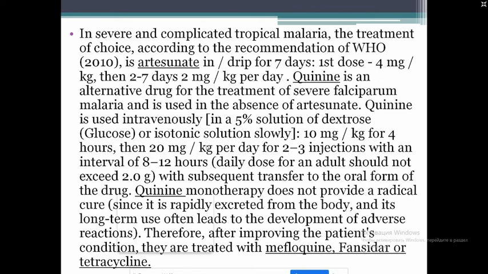Daily dose for an adult should not exceed 2 grams, with a subsequent transfer to the oral form of the drug.